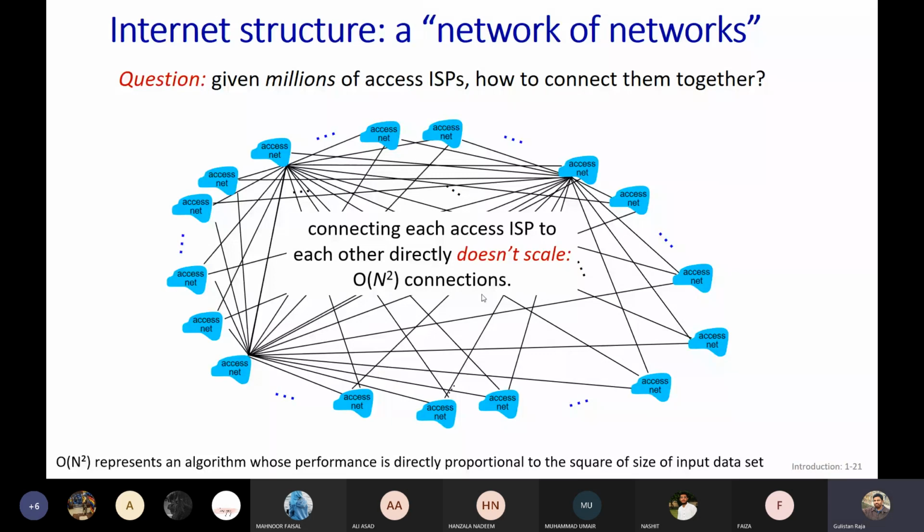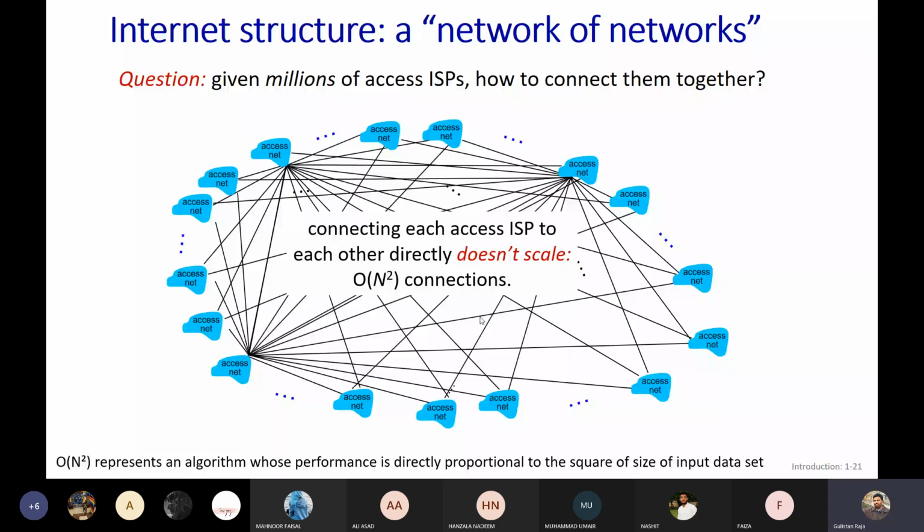So we cannot connect each access network to every other access network to transfer packets. It will not scale. It requires order of n square connections, which is not possible to have in such huge numbers, right? So what to do then? How to connect these millions of access ISPs together? So now let's move to the next.